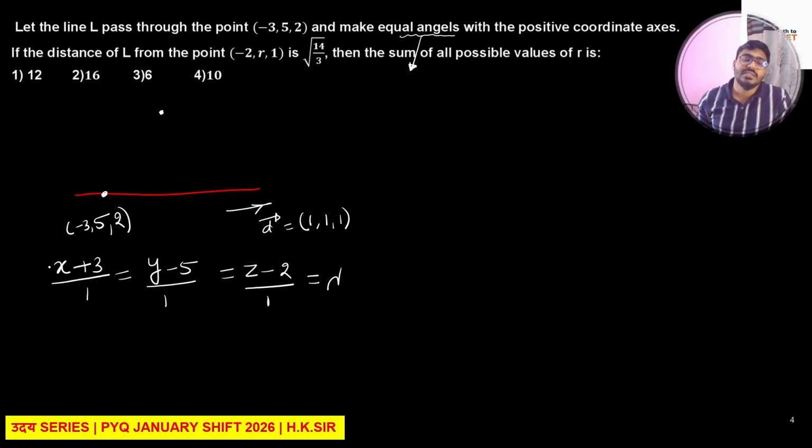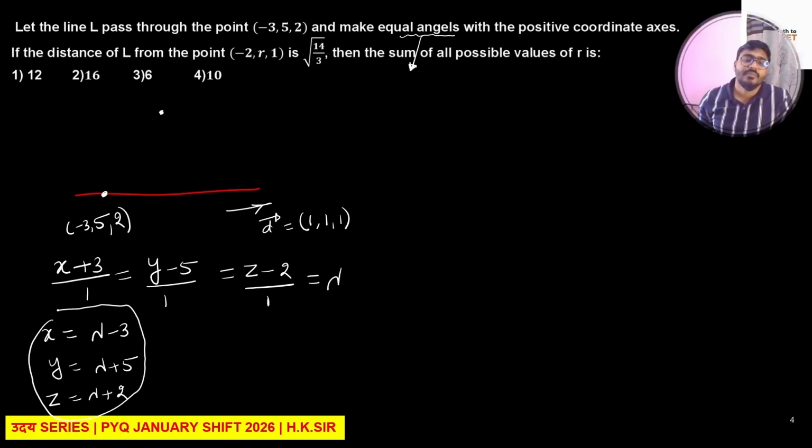If you want to take the general point on the line, you directly take it equal to lambda, so it will be lambda minus 3, x is lambda minus 3, y is equal to lambda plus 5 and z equal to lambda plus 2. This is the general point on the line.